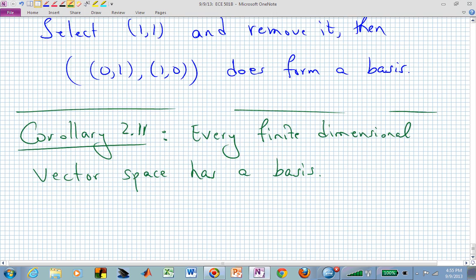That's sort of a nice property. If somebody gives you a finite dimensional vector space, which may be R3, it might be a set of polynomials, it may be something else that we've created that forms a vector space, if it's finite dimensional, then we can find a basis for that vector space. So every finite dimensional vector space has a basis.